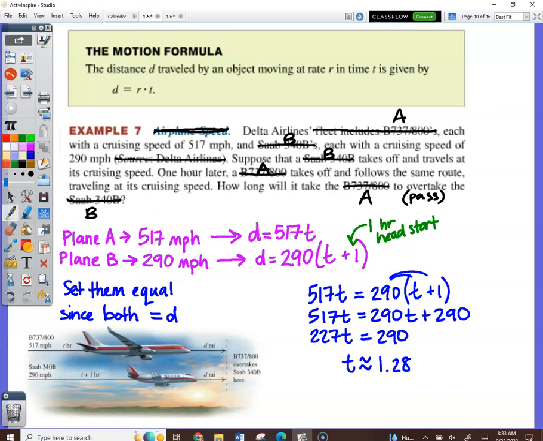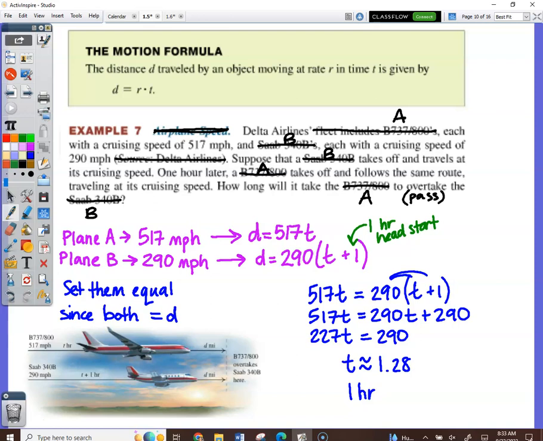Level it up. This means 1 hour, and then you're going to have to find the 0.28. Think of it as 28% of an hour. So you need to know what 28% of an hour is, which means you need to know how many minutes are in an hour. There are 60.